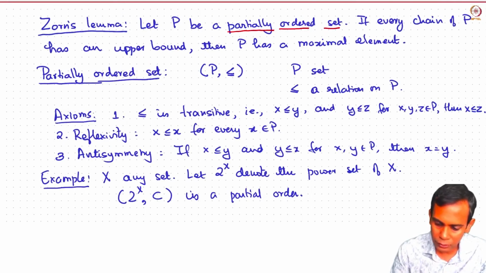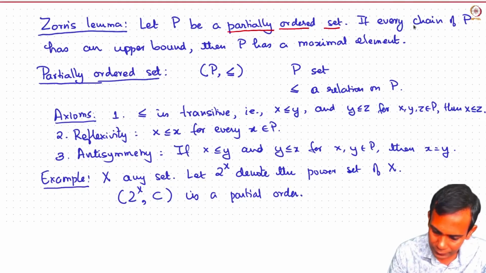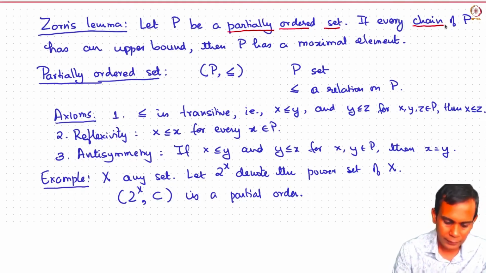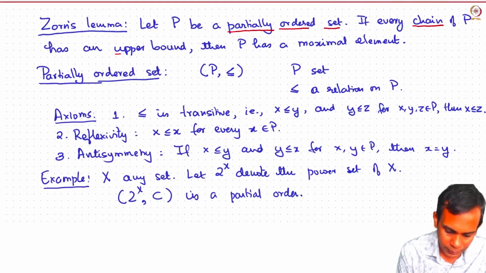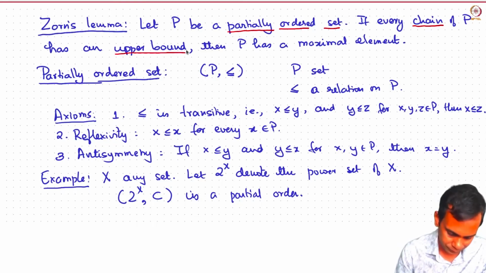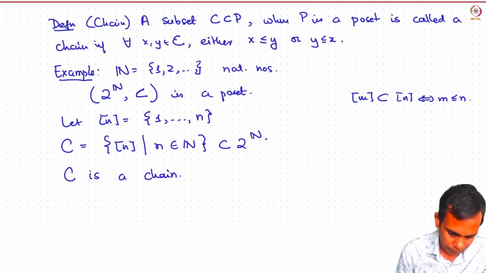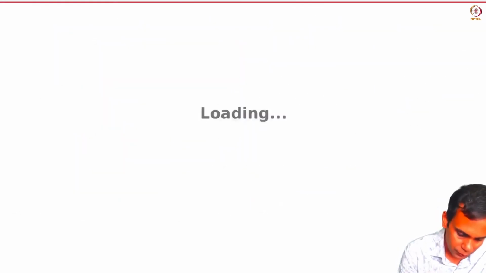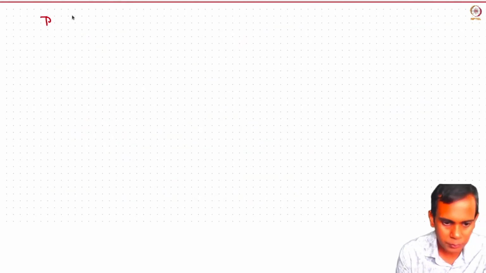So we have also now defined chain, and now it remains to say what it means for a chain to have an upper bound. So let's go to the definition of an upper bound.